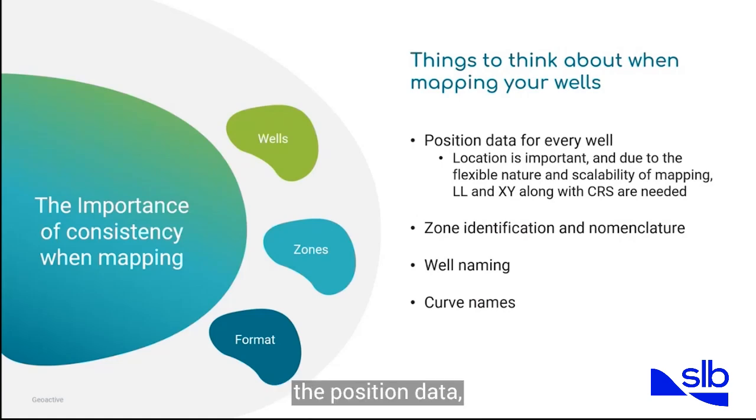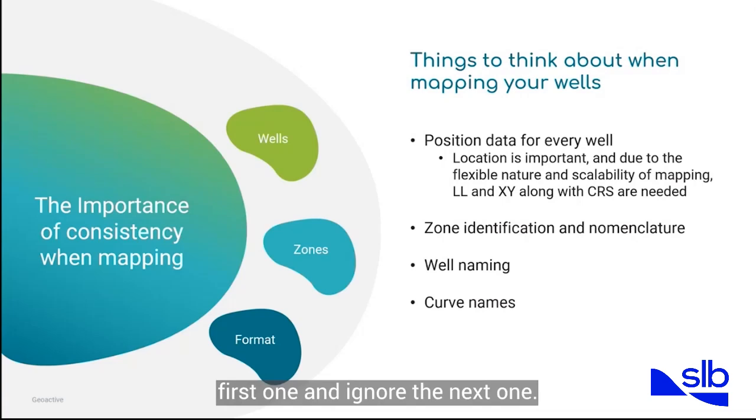So that's the position data, the zoning data, and then the well names as well. Again, I know the way that IP works is you could have the same well labeled or named in different versions, copies of the same well with different data in there. Now, from the mapping point of view, if you have the same well twice, it's going to bring it in once because it's the same well name and same location.